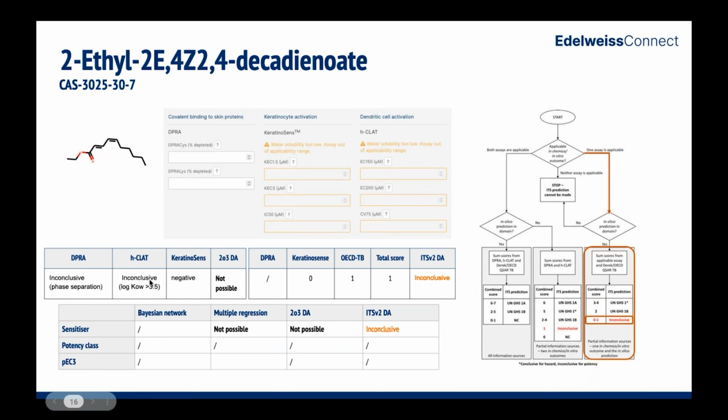For HCLAT also, the result was not within the domain. The log KOW was greater than 3.5, and only the result for keratinosense was conclusive, which was negative.